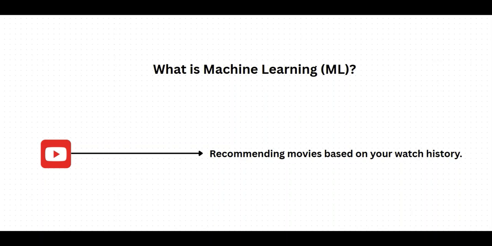Think of a platform like YouTube, Netflix, or Instagram recommending videos or content based on your previous activity. That is machine learning. It analyzes your preferences and suggests similar content using pattern recognition. The key goal of machine learning is to analyze and predict outcomes based on historical data.